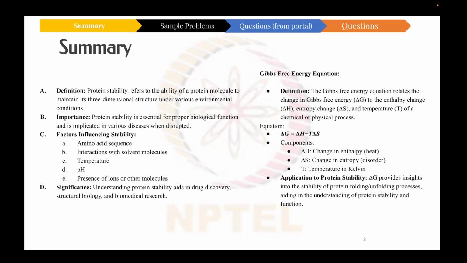The equation is delta G equals delta H minus T delta S, where delta G is the change in Gibbs free energy, delta H is the change in enthalpy of the system, delta S is the change in entropy of the system, and T is temperature in kelvins.